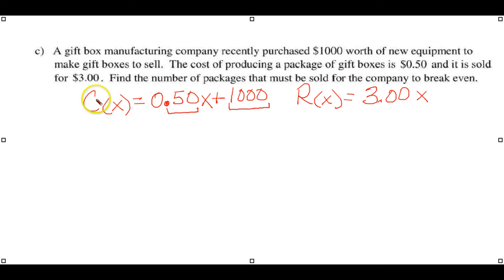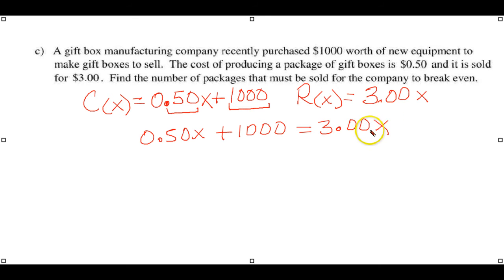So again, we can change this to a y and this to a y, and we have y equals y. So we have 0.50x plus 1000 equals 300x. Now you could leave the decimals or you could get rid of them.